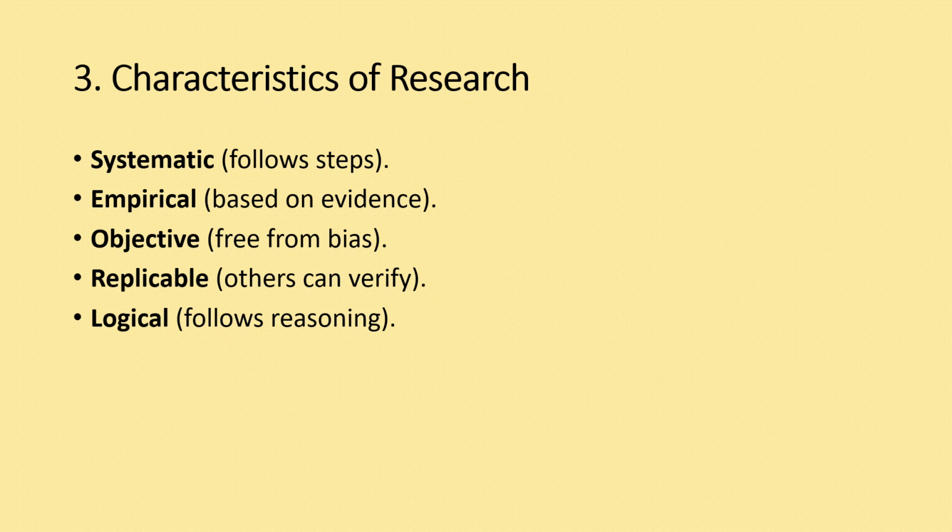Characteristics of research. There are basically five characteristics of research. First one, systematic. Research is systematic, it follows scientific steps. Second one, empirical. Research must be based on evidence or facts.